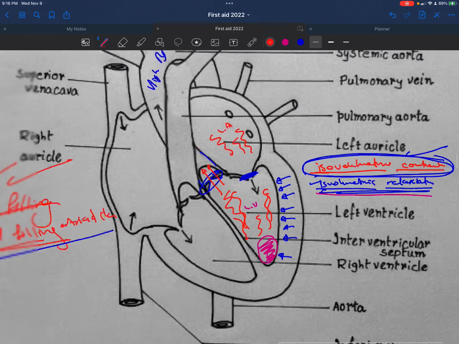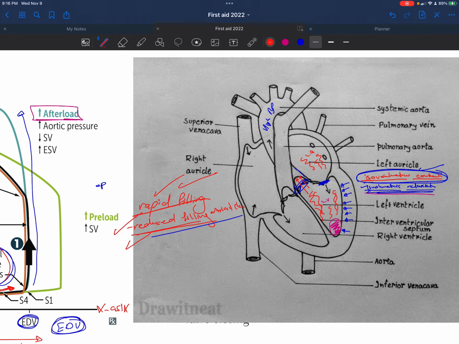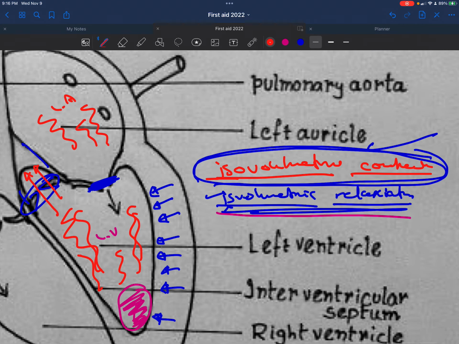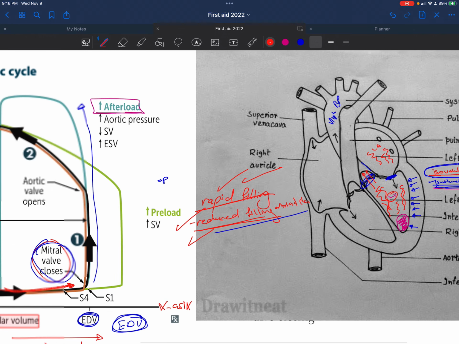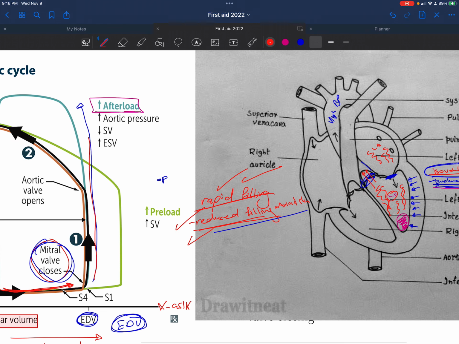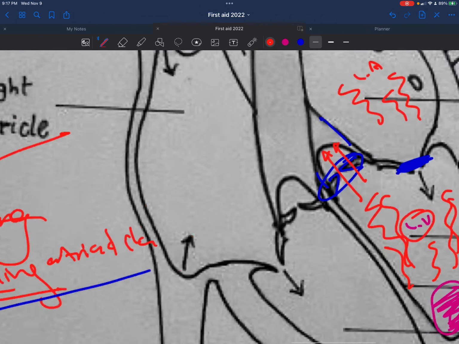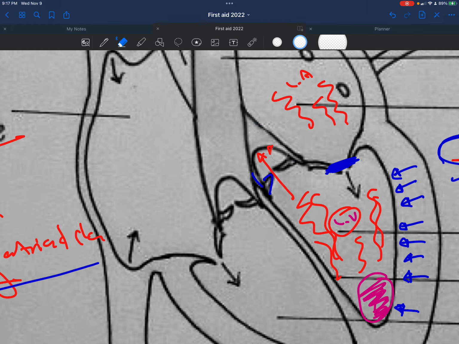That's why the isovolumetric contraction, the amount of time that the left ventricle needs to keep contracting, is increased. So we see an increase in the pressure, but the aortic valve is still not open.